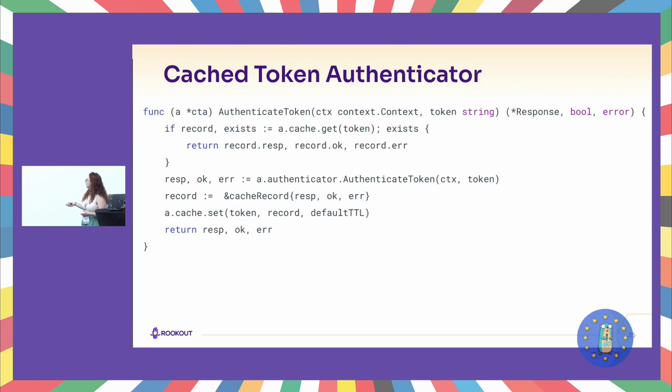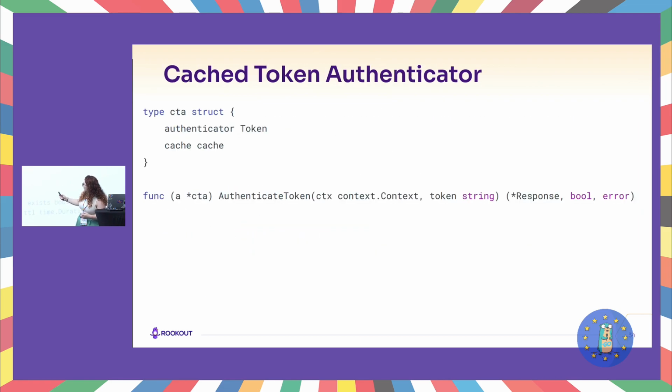So how would we do that? Well, first, I'm sorry, I forgot to say that. For this, we'll have both an authenticator and a cache as part of our cached token authenticator. I'm going to say CTA for short from now on, because cached token authenticator is hard to say many times in a row, you try it.